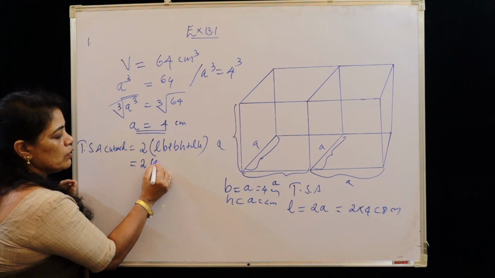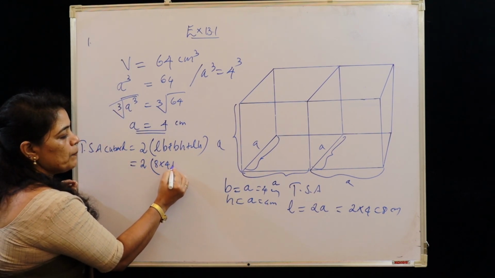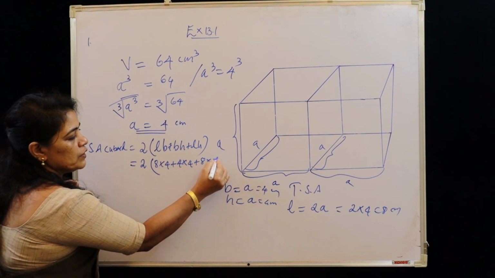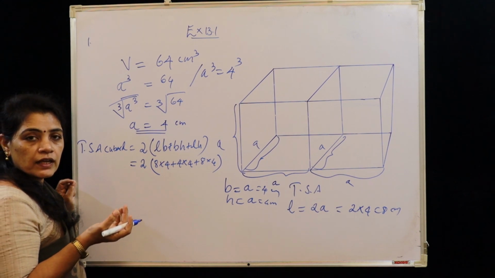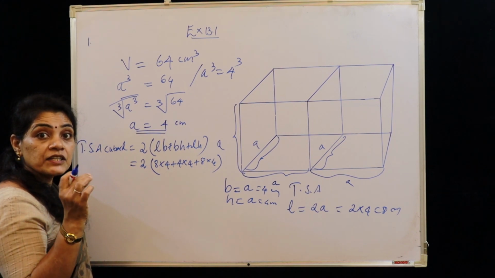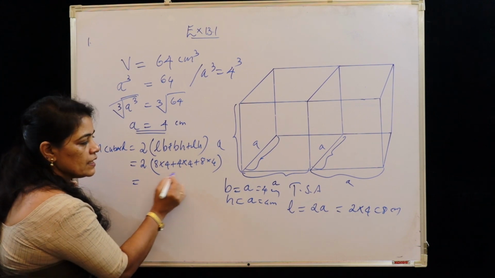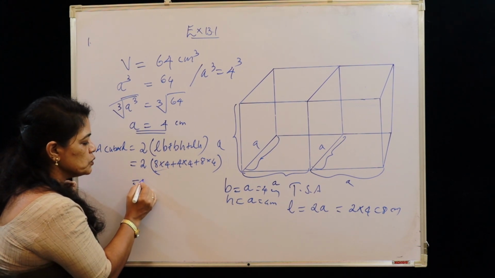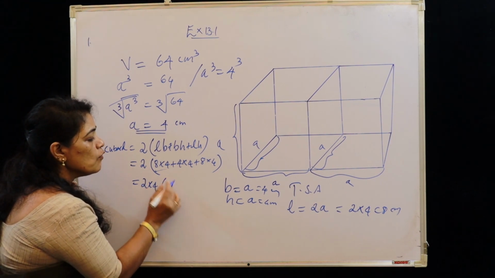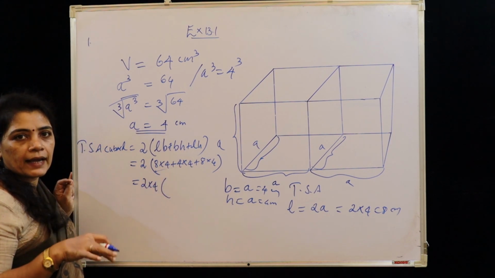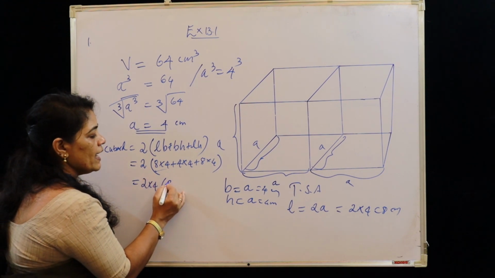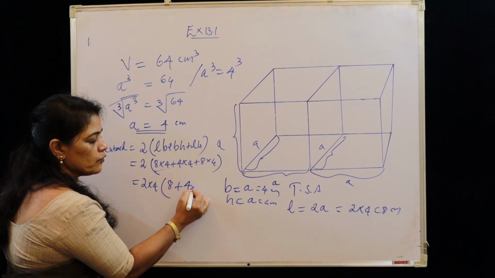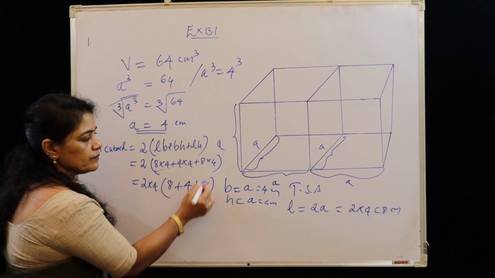So TSA equals 2 into (8 into 4 plus 4 into 4 plus 8 into 4). There is no change for the breadth and the height. If you want, you can take the common 4 from each term out of the bracket. So 2 into 4 outside, and inside the bracket 8 plus, here one 4 is already taken, so the remaining one more 4 is there, plus 8.